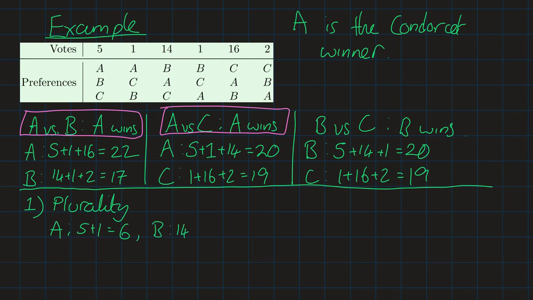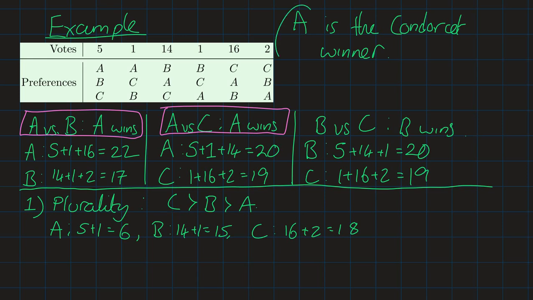B gets 14 plus 1, which is 15, and C is going to get 16 plus 2. So under the plurality, what's the social ranking? It's C beats B beats A. So this means the plurality elects C to first place.